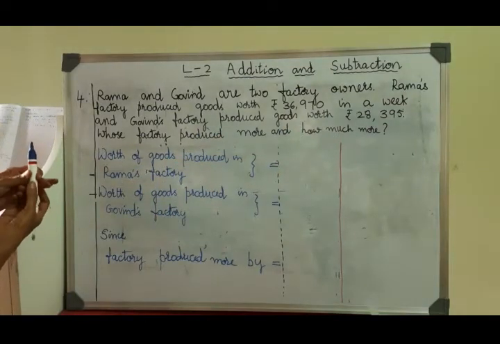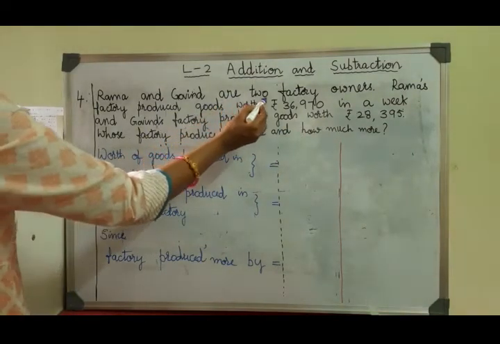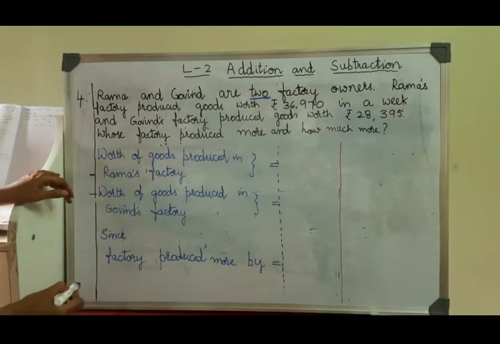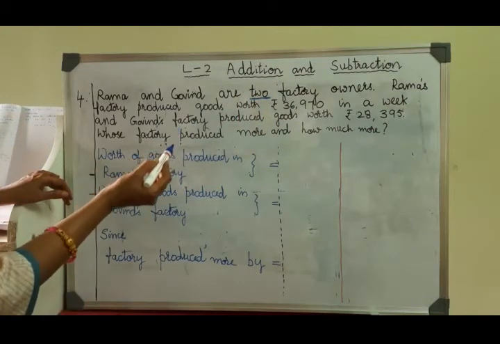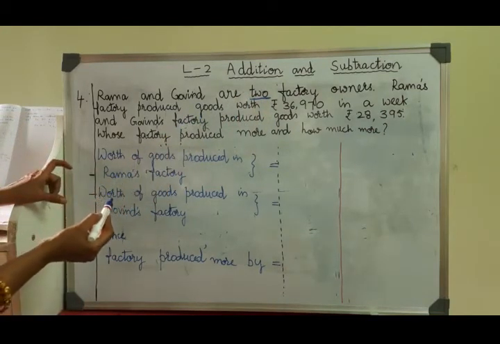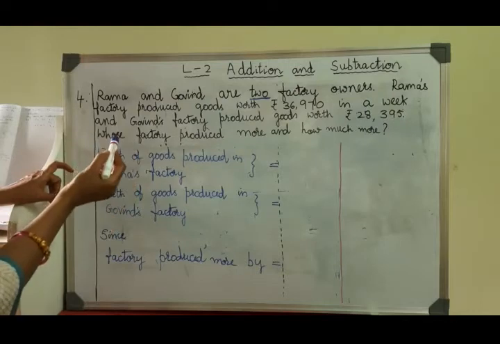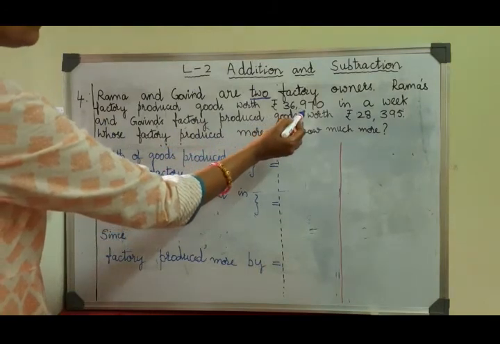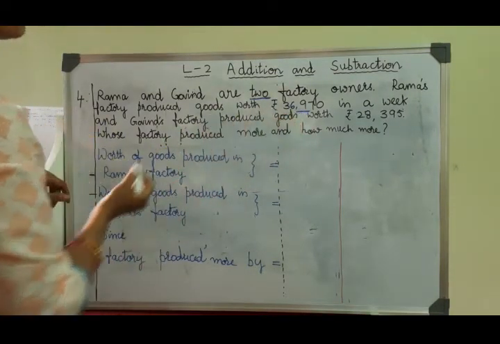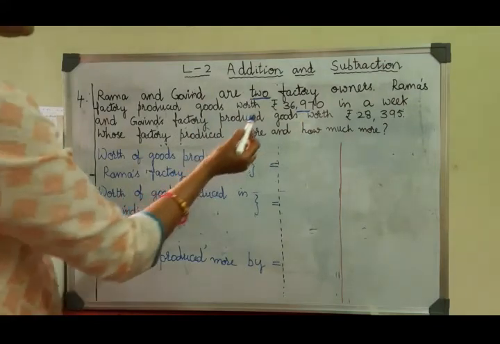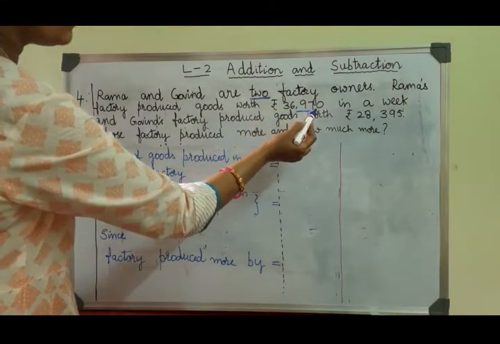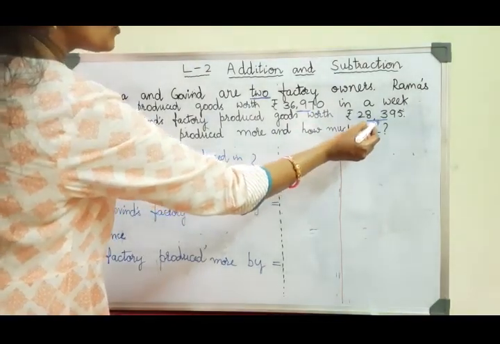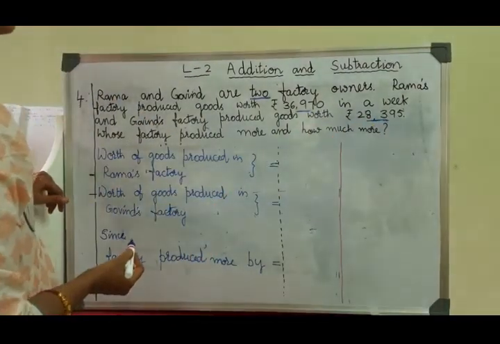They are asking. There are two factory owners here. There are two factories. They are producing goods of some worth. We have to compare in a week. In a week only, the worth of goods produced by both the factories is given here. One is Rama's factory, which produces goods worth rupees 36,970. Now Govind's factory produces goods worth rupees 28,395.